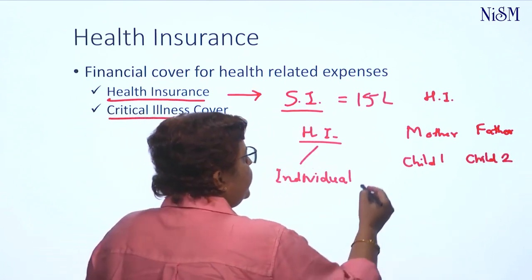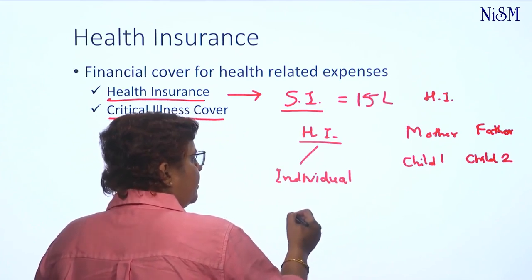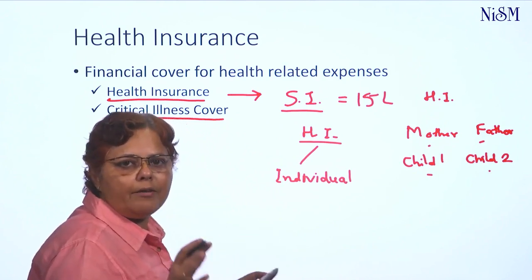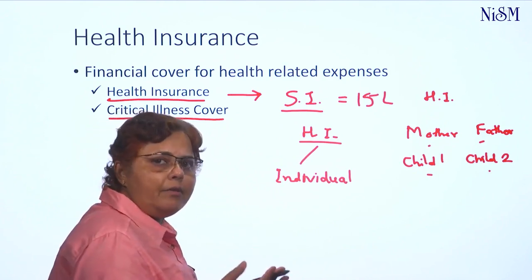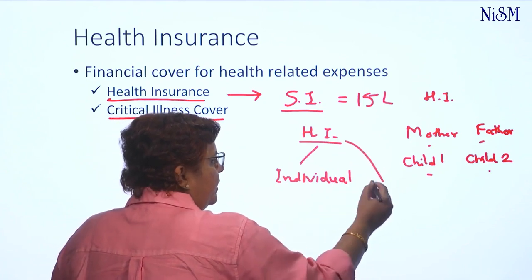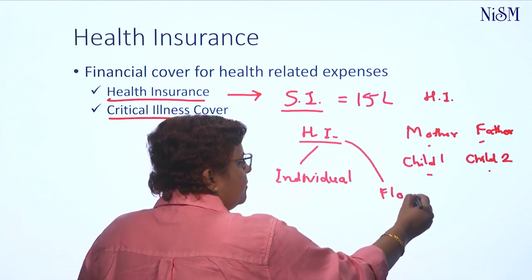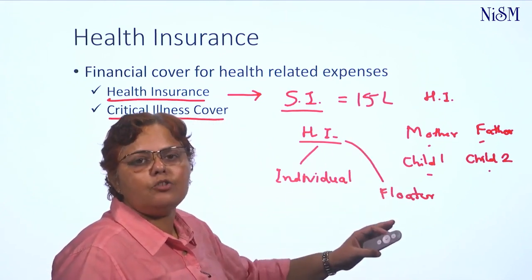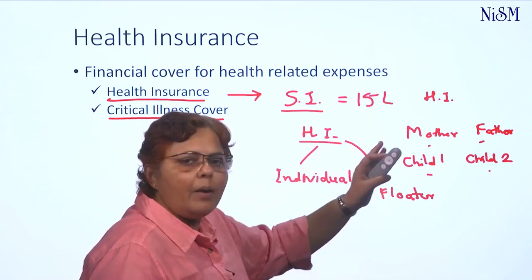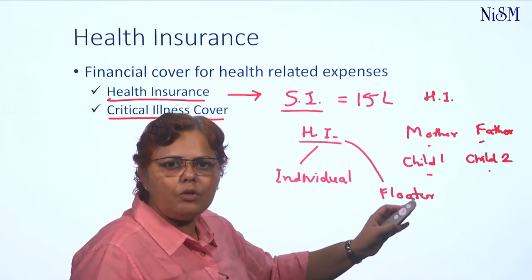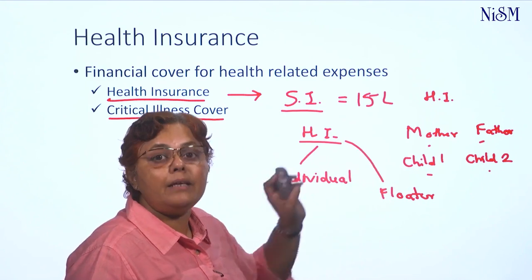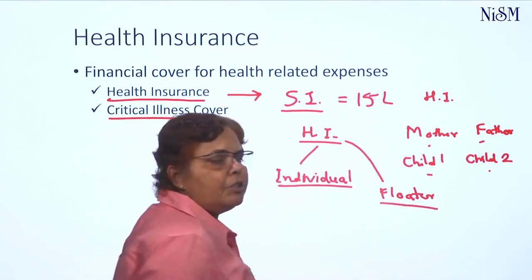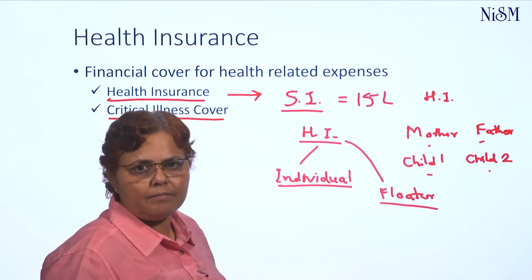The health insurance can be taken individually for all the 4 people, which is called individual health insurance. Alternatively, they may say that since we are a family, let us take a floater. What is the meaning of floater? As a family, they take health insurance of 15 lakhs. So, if anything happens to any one of them, they are covered for 15 lakhs as a family. Most often people take floaters instead of individual when it is a family case.